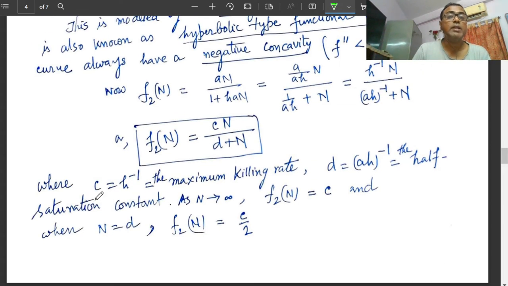This C, which is 1/h, is called the maximum killing rate, and d is the half saturation constant. As n tends to infinity, f2(n) equals C, and when n equals d, then f2(n) equals C/2.